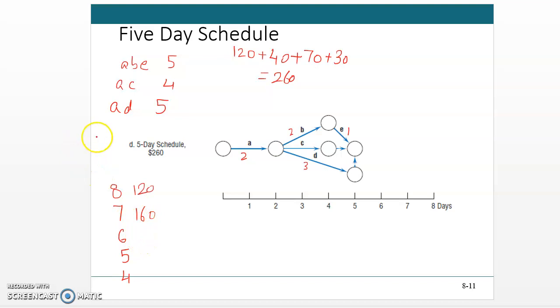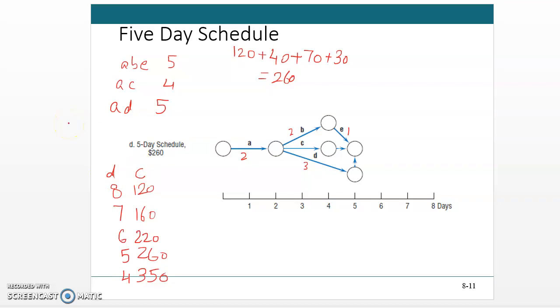For 6 days it was 220, for 5 days it is 260, and for 4 days it is 350. So as you can see, the more you reduce the duration of the project, the more the cost.